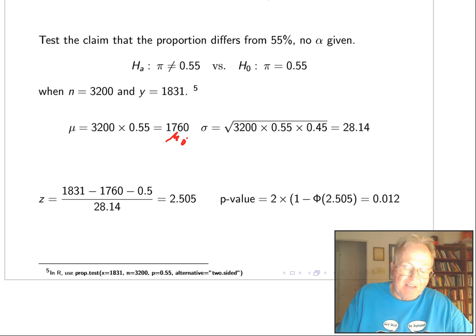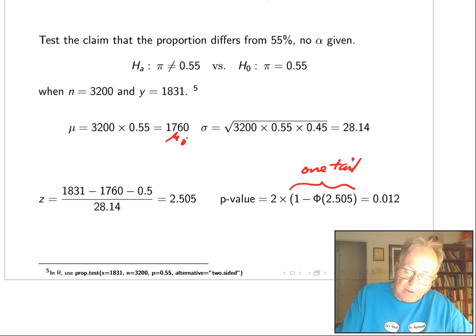Now, the p-value is kind of tricky, all right? We would look at the size of one tail using this z-score. However, it's a two-sided test, so there's two tails.